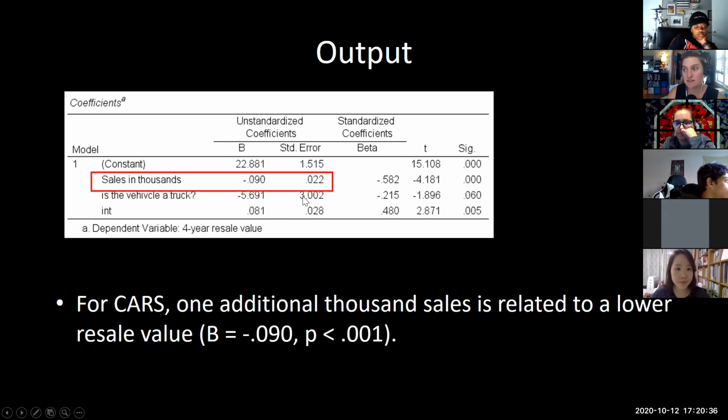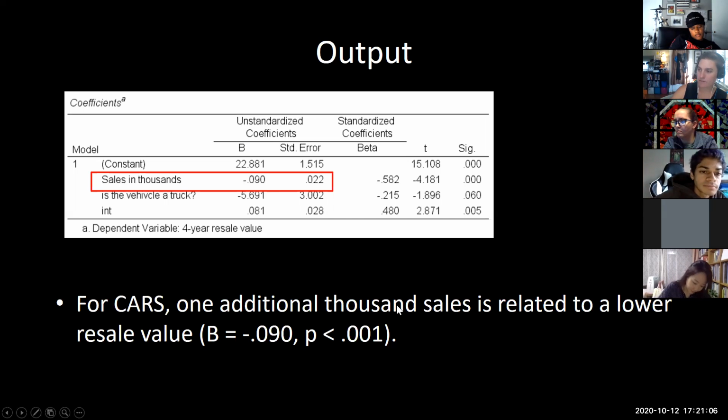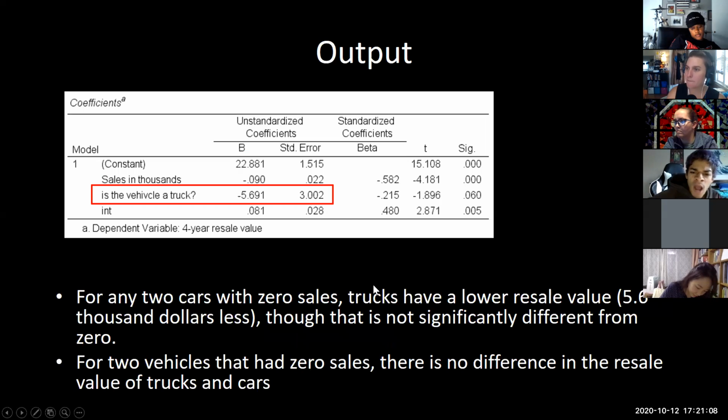So you can't just hold it constant. It has to be when it's 0. When all the other predictors are 0, sales in thousands, an additional 1,000 sales is related to a lower resale value. So what I've done here is I can't say holding vehicle constant. It has to be just for cars, because I have an interaction term in the model. And I'll show you why in a second.